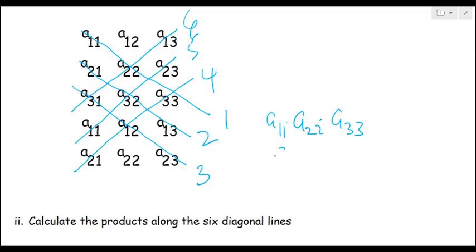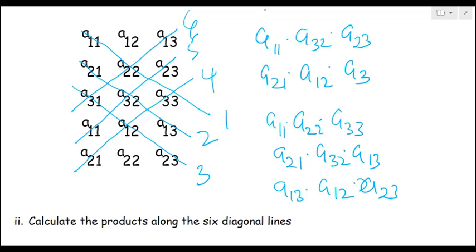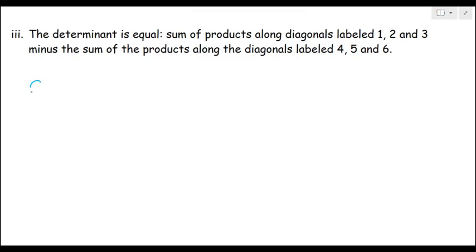Diagonal 2 will give us A21 multiplied by A32 multiplied by A13, whereas diagonal 3 will give us A13 multiplied by A12 multiplied by A23, whereas diagonals 4, 5 and 6 will give us A21 multiplied by A12 multiplied by A33, diagonal 5 will give A11 multiplied by A32 multiplied by A23, whereas diagonal 6 will give us A31 multiplied by A22 multiplied by A13.